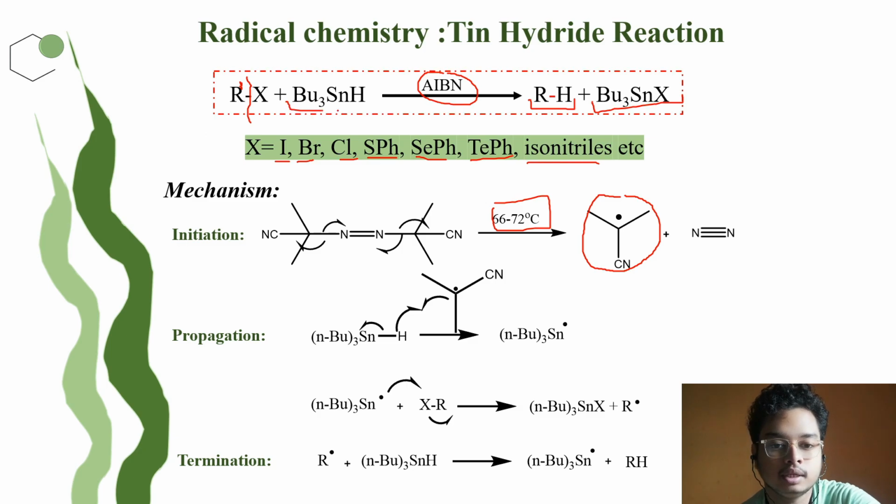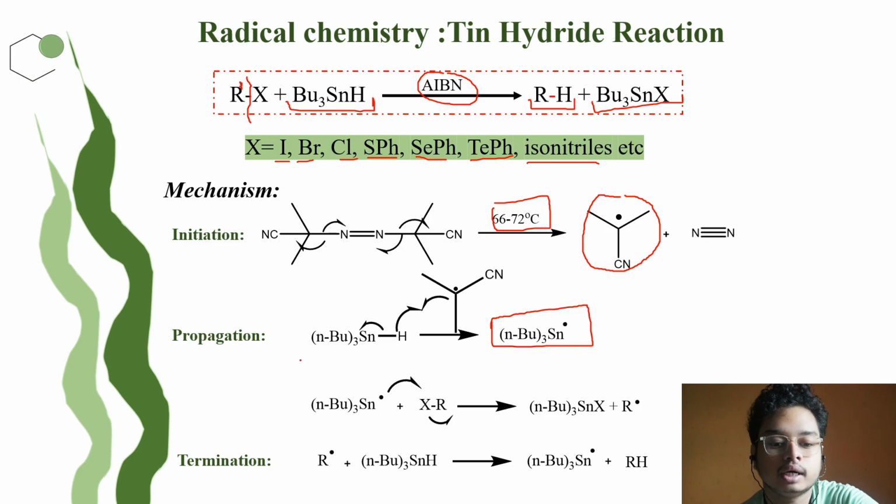This compound, the tributyl tin hydride, will react with this radical to generate the tributyl tin radical, and this radical will start the chain reaction, and this is the important radical which attacks the alkane or alkene substrate.